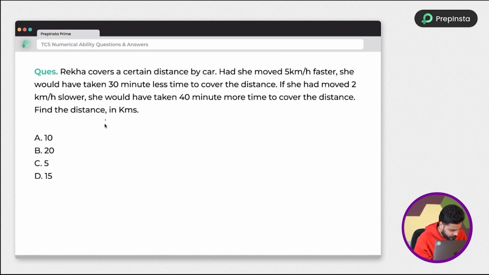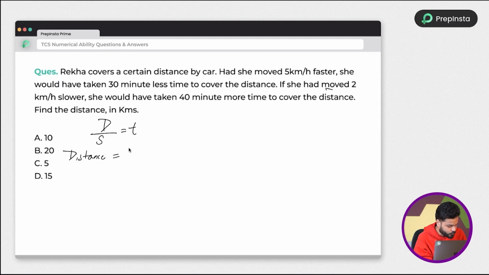We know one thing: time is distance upon speed. What is distance upon speed, guys? That's time. In this question they are keeping the distance constant. If she's moving faster, she's taking less time, and if she moved slower, she has taken more time. So the distance is the same, right?